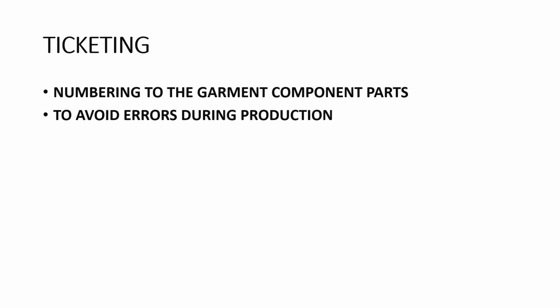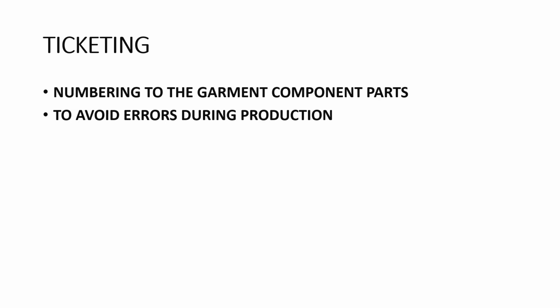Now in quality control operations also there is a process called ticketing. Now students, what do you mean by ticketing? Ticketing is nothing but numbering. This is a number given to the garment component parts. But why is it given?